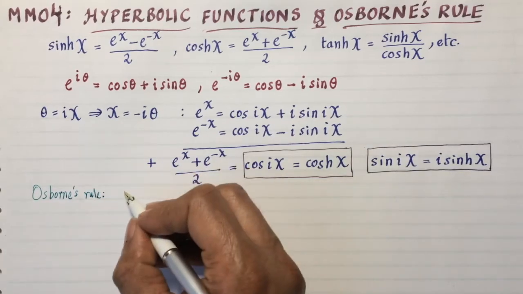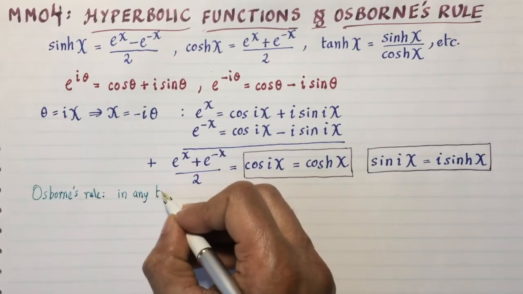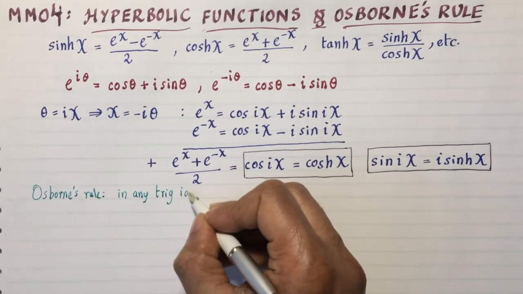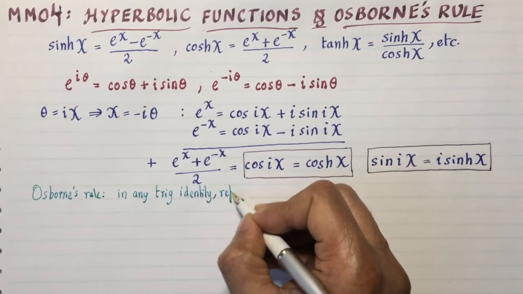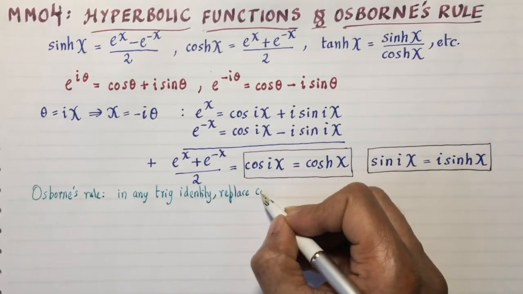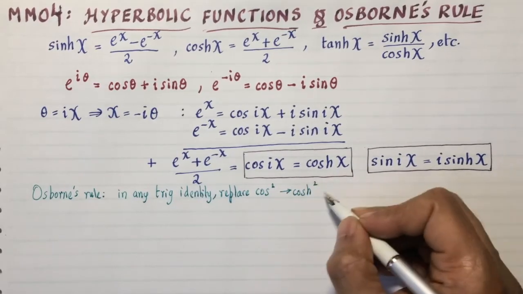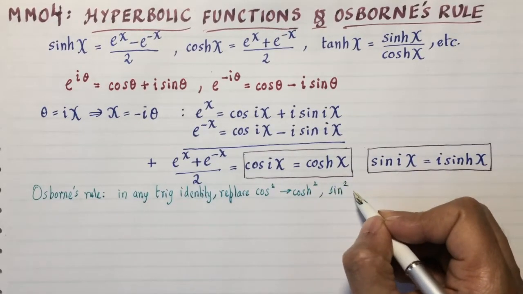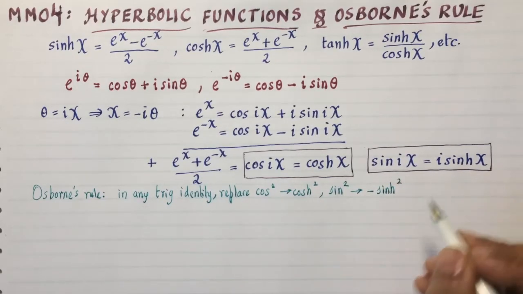Osborne's rule says in any trig identity, you replace cosine squared by cosh squared, and you replace sine squared with negative sinh squared because of the i squared.